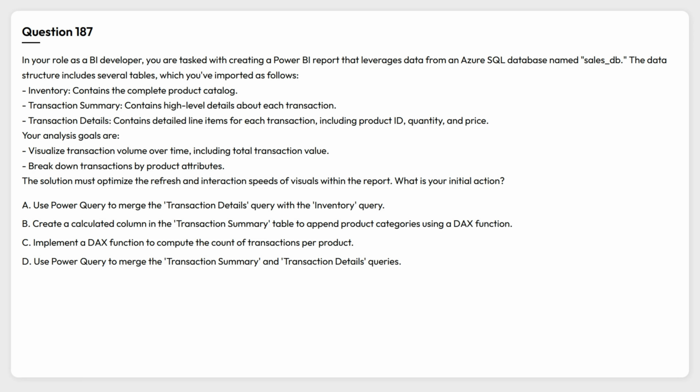Option A. Use Power Query to merge the transaction details query with the inventory query. Option B. Create a calculated column in the transaction summary table to append product categories using a DAX function. Option C. Implement a DAX function to compute the count of transactions per product.